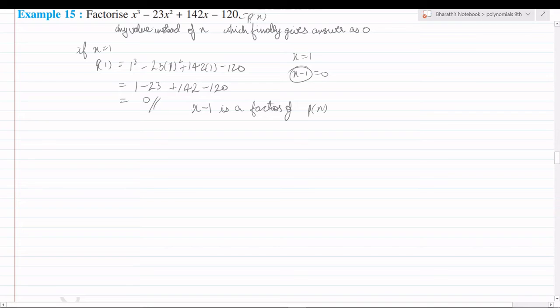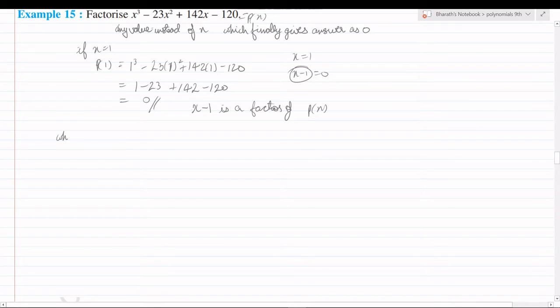Now, to make this whole equation into a quadratic polynomial, you have to divide this whole equation by x minus 1, because x minus 1 is a factor of p of x.